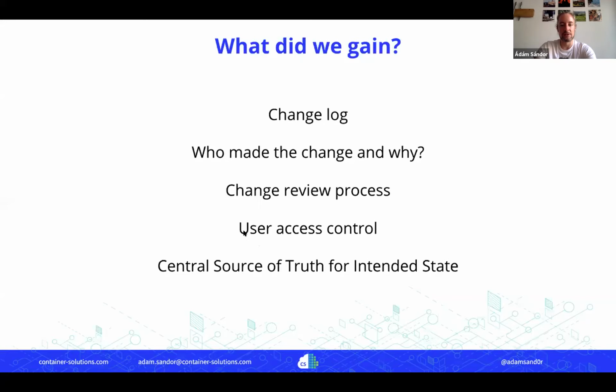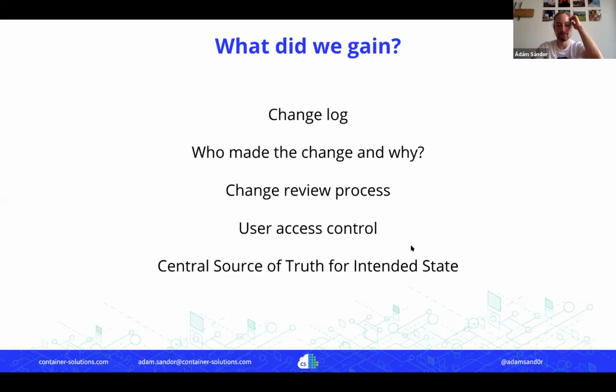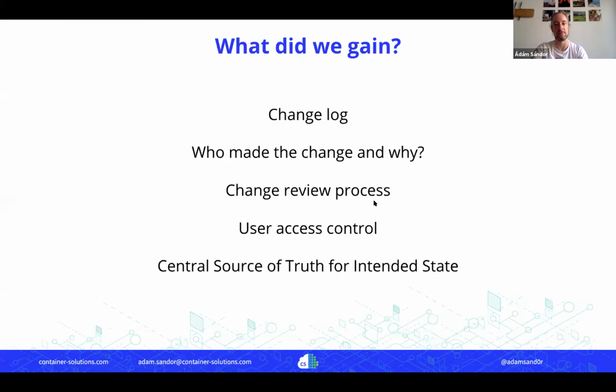We have user access control, because only people who have access to merge PRs on that Git repo can now update production. And we have a central source of truth for intended state. These are really, really important things in an enterprise environment, and we get them all just by using Git in the middle of the CI/CD process.